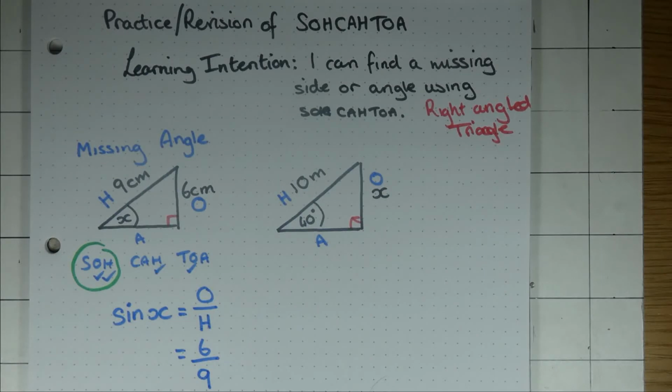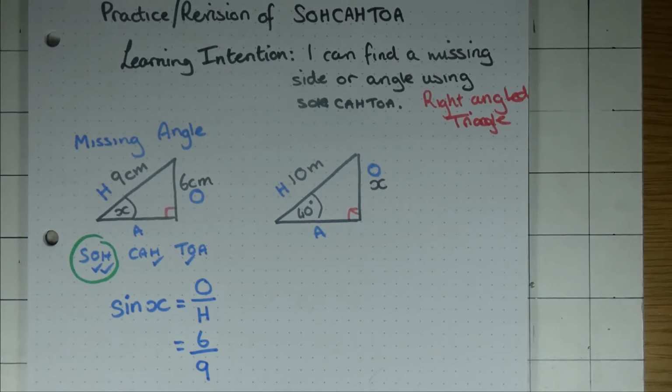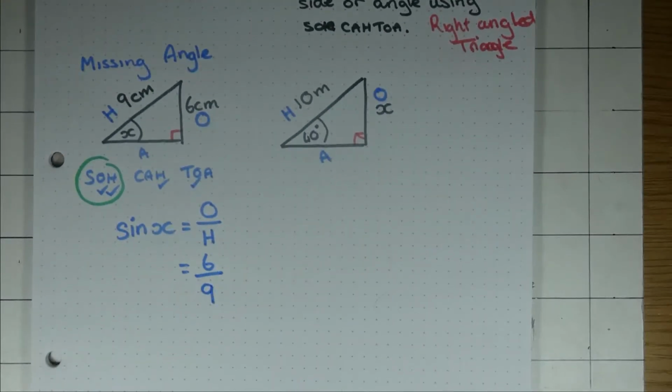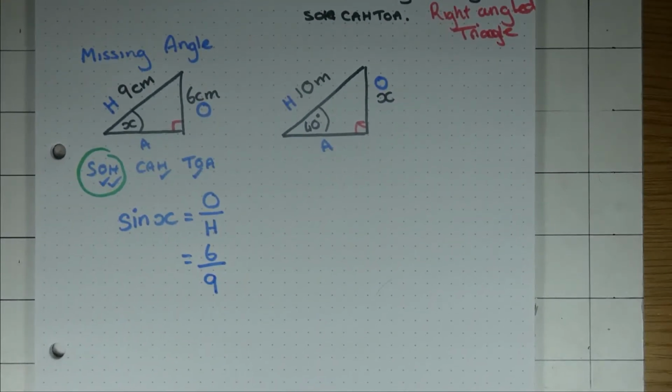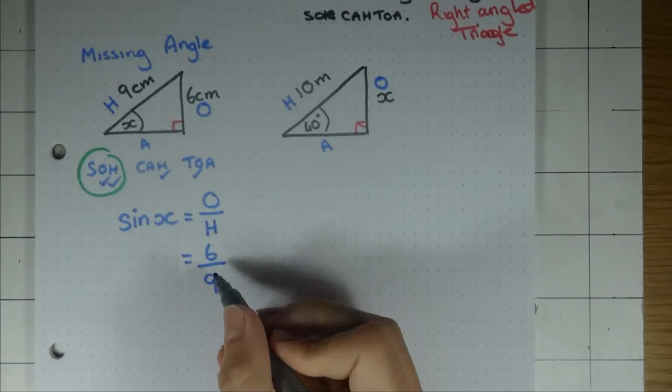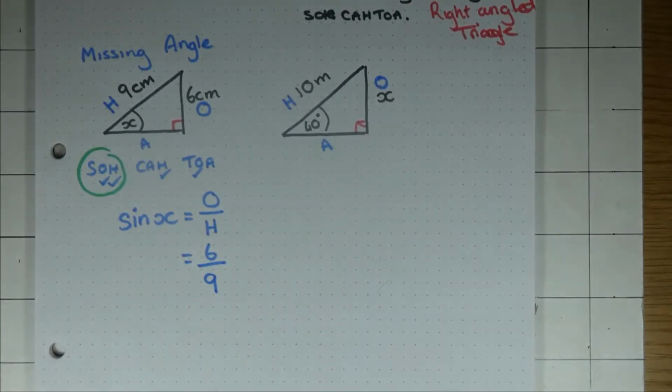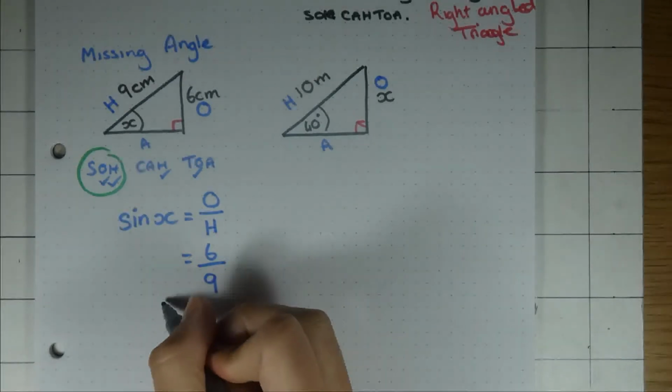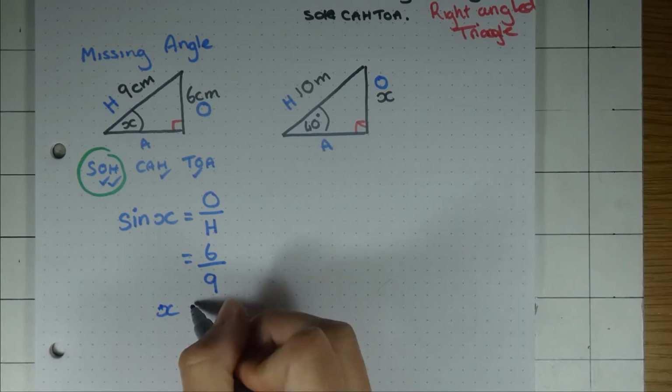So long as you make sure they're just both centimeters, that's us sorted. I'm just going to push this up a wee bit. So sine x equals 6 over 9, but we can't get that straight away. We've got to solve for x.